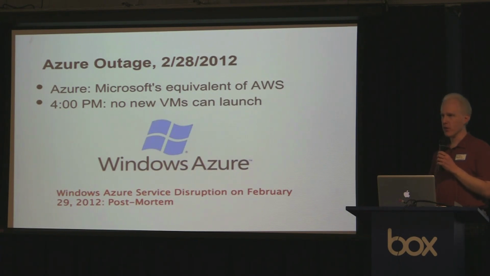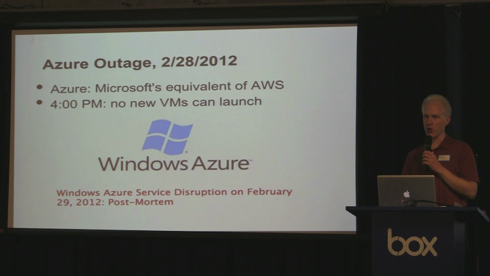And the impact of this was that no new virtual machines could launch anywhere on the Azure cloud, anywhere worldwide. No new jobs could start, existing jobs could not grow or migrate. This eventually led to a series of cascading failures that really severely impaired everything that was running on Azure.